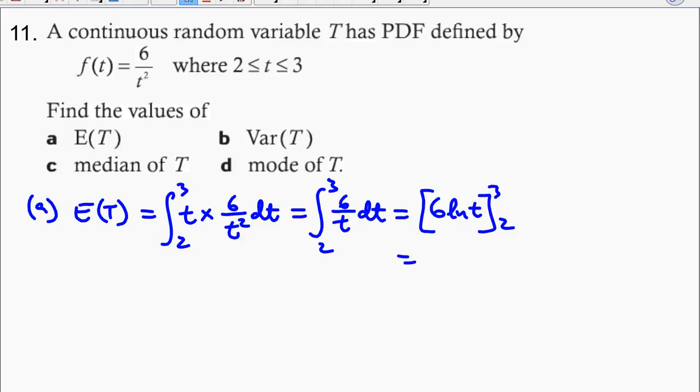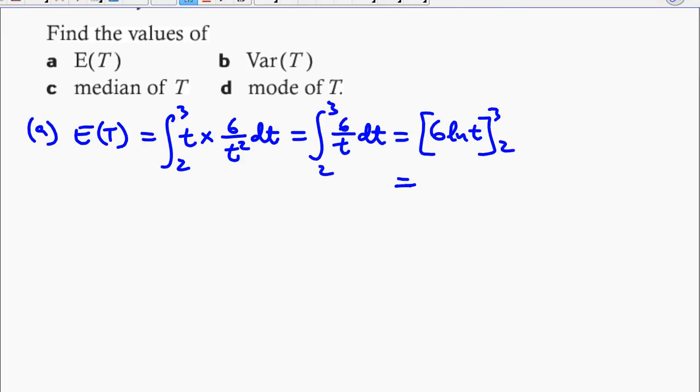So I'll end up with 6 ln 3 minus 6 ln 2, which is basically 6 ln 3 over 2.